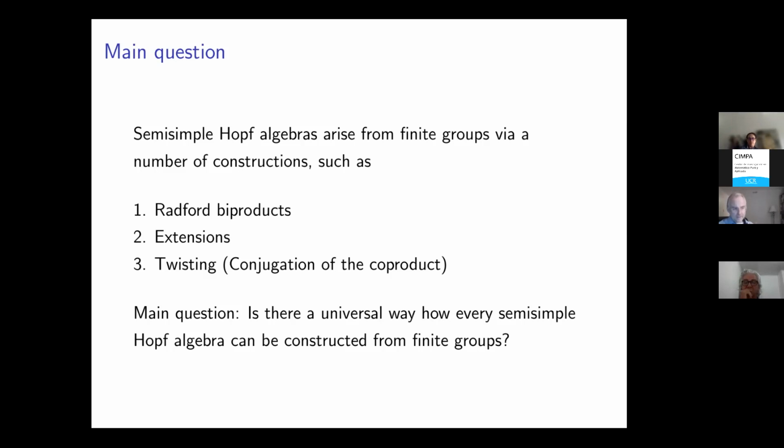Well, there are various ways how to make this question precise. I don't think that there is even a perfect conjecture to make precise what this universal way would be. But maybe this is subject to discussion.